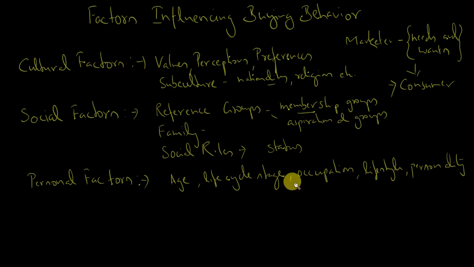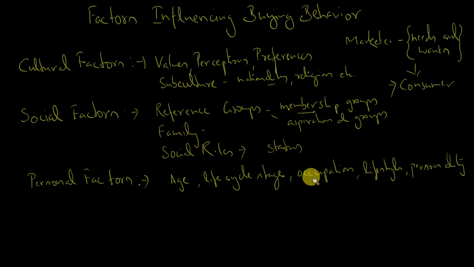Marketeers pay close attention to factors like age and life cycle stage of a consumer and suggest products to them. Marketeers pay close attention to events like marriages of a consumer and provide products and services to the consumer.